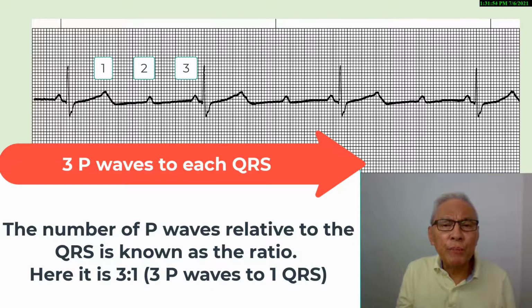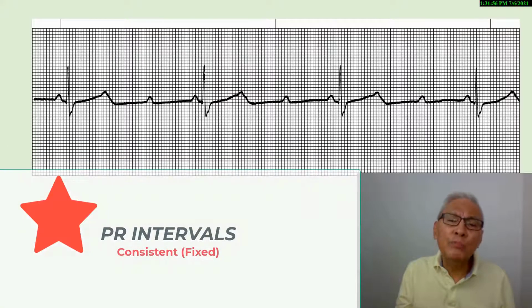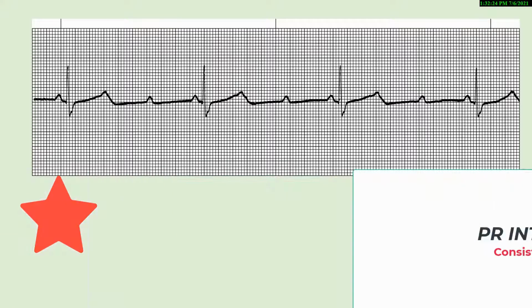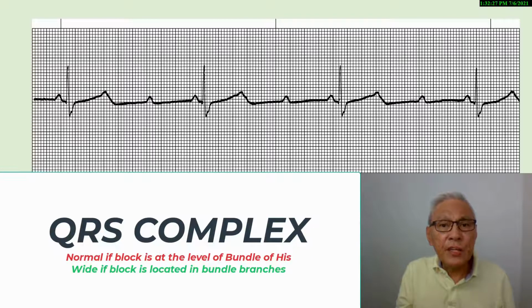The PR intervals are a very critical observation leading to the diagnosis of second-degree AV block type 2, because the PR intervals are fixed. They do not change from one to another. The PR intervals are consistent or remain the same. The QRS complex is normal, and these are the characteristics of a second-degree AV block type 2.